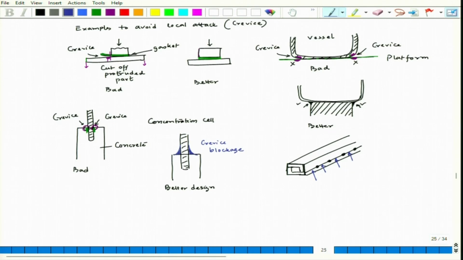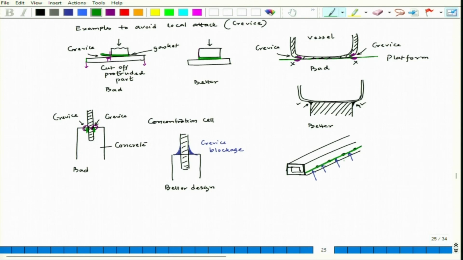Whenever we have such a situation, it is better to do continuous welding. If we do continuous welding like this over the entire segment, continuously we weld, so that all those crevice gaps, all the small gaps can be closed down.